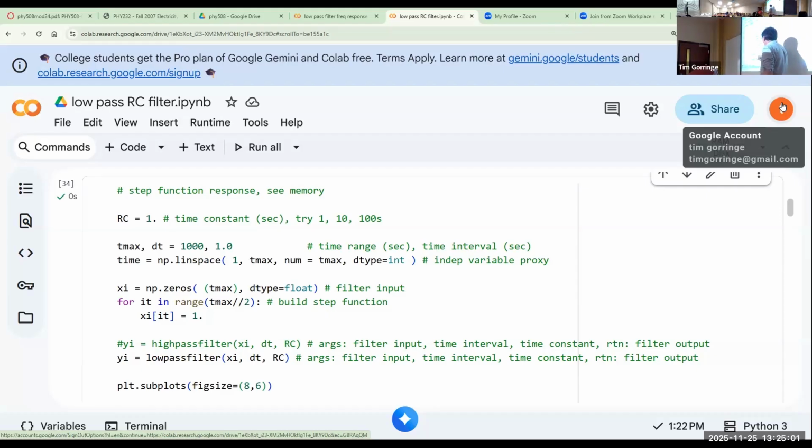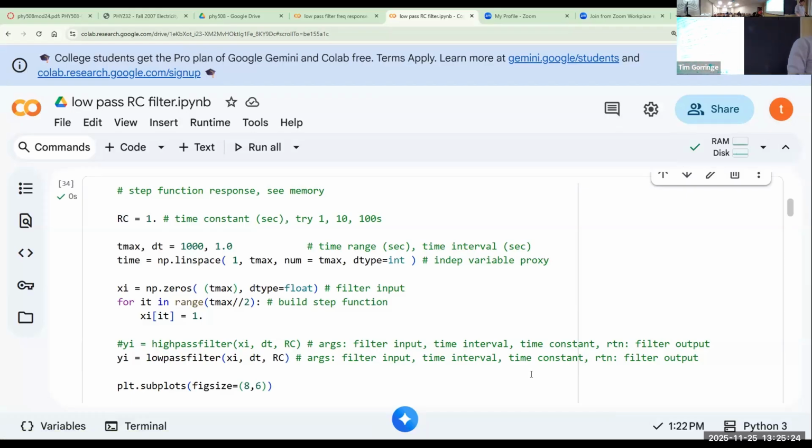The output of the low-pass RC filter, digital filter, is calculated with this one call to the user-defined function. So I'm passing xi and getting back yi, and I'm passing the parameters dt and rc, and then I just make a plot.